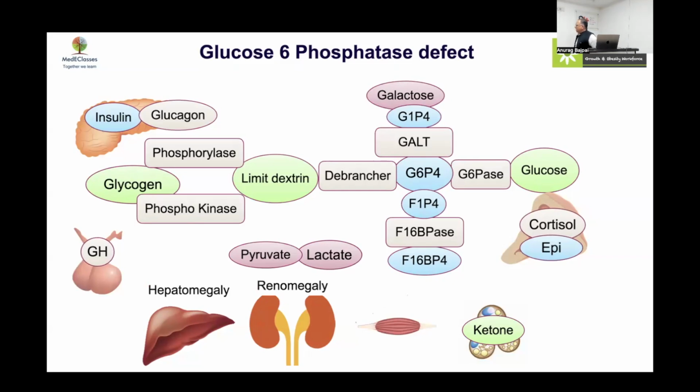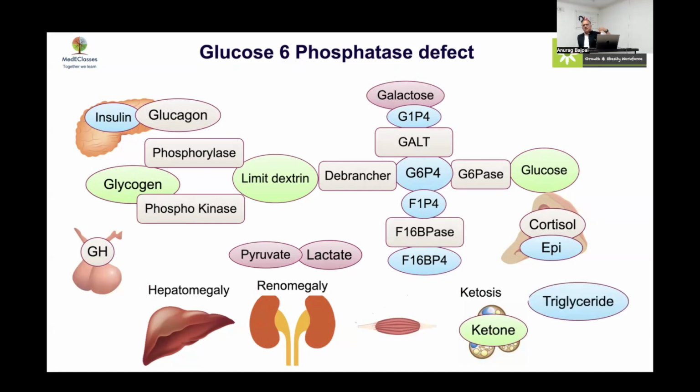You will have high levels of cortisol, epinephrine, growth hormone, all the counter regulatory hormones will be more. Ketosis will be there because you will produce ketone. Triglyceride will go up because of all these counter regulatory hormones. Uric acid will go up because of the action through that pathway which becomes activated. So you will have hypertriglyceridemia and high uric acid.